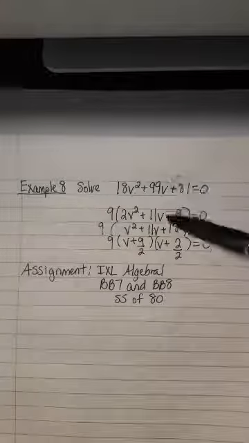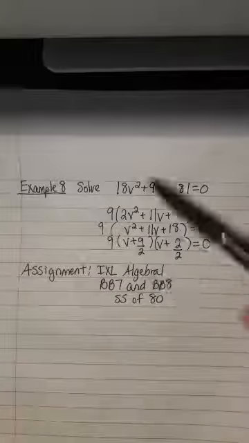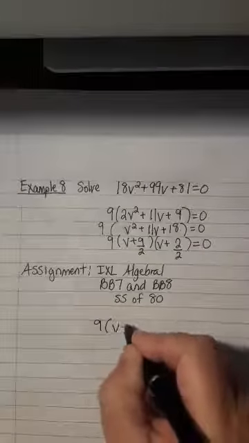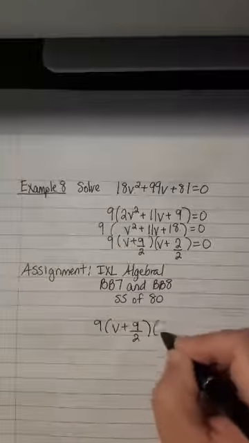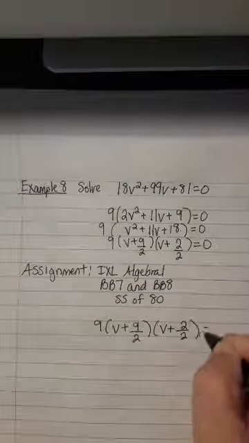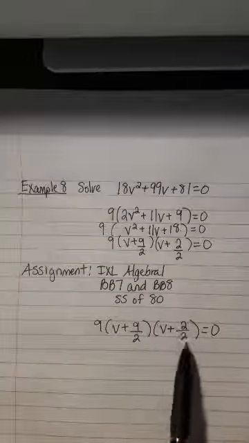All right, so I'm going to take this and move it down underneath this assignment. Let me just rewrite that right quick. 9 times v plus 9 over 2 times v plus 2 over 2 equals 0. So now we simplify these fractions.